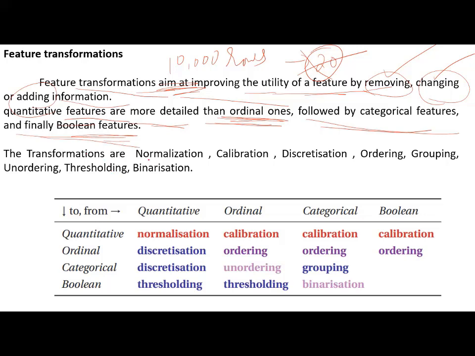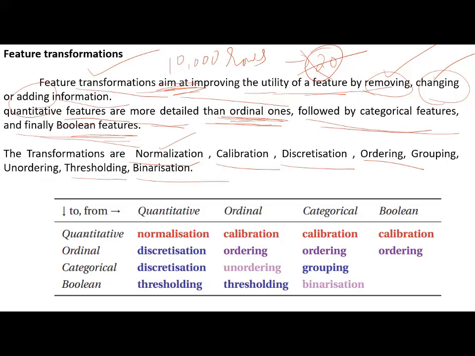The transformations are normalization, calibration, discretization, ordering, grouping, unordering, thresholding, and binarization. These are all the different feature transformations. Now we talk about each one.